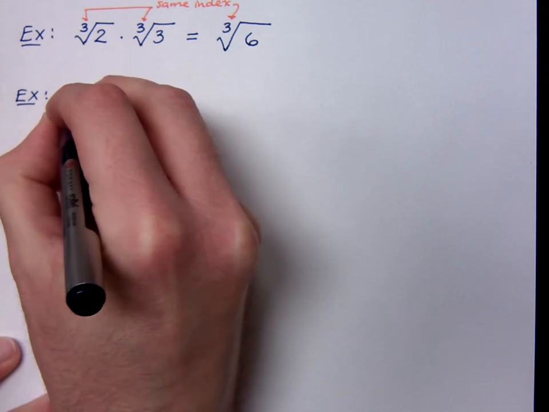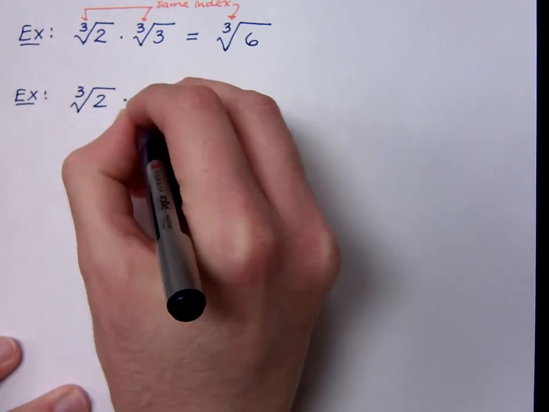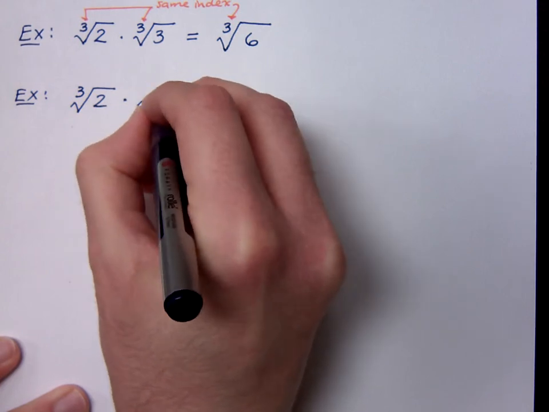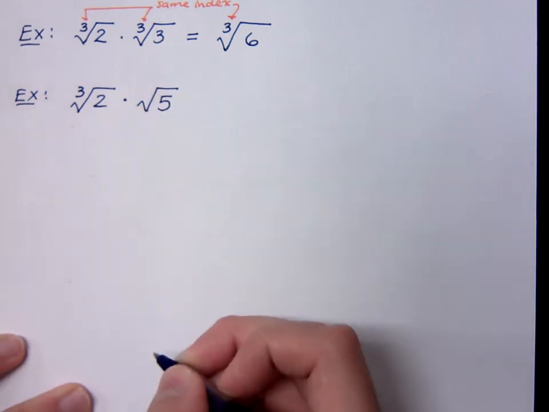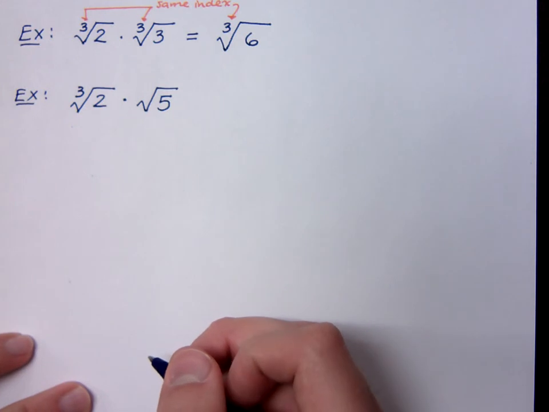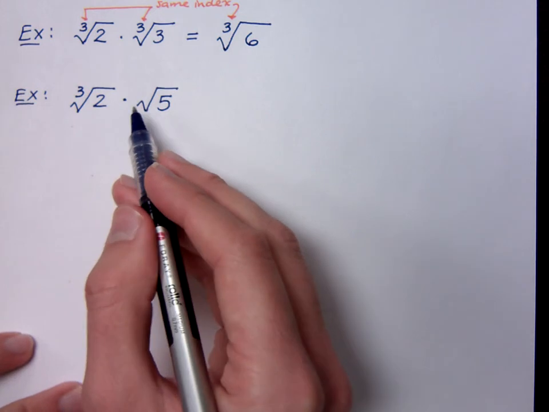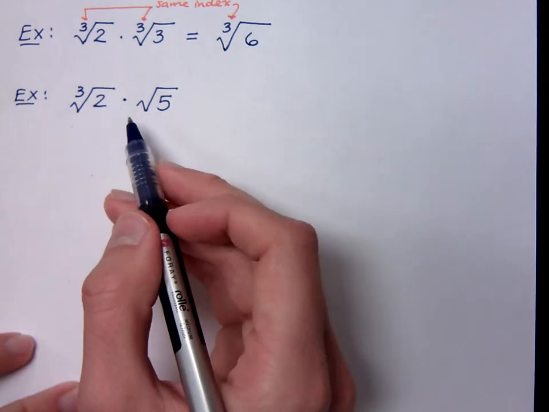So what if I still have the cube root of 2, but I'm multiplying this times the square root of 5? Now we've got problems, right? Is this the same index? No. So I can't multiply that according to the product rule.